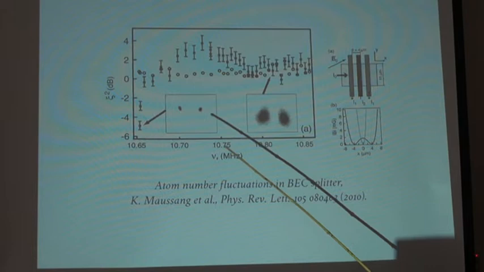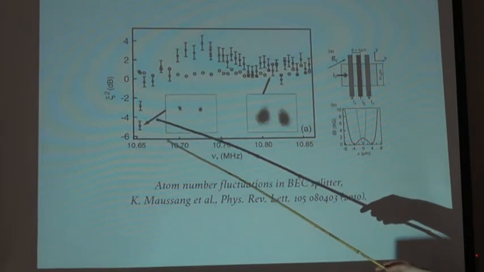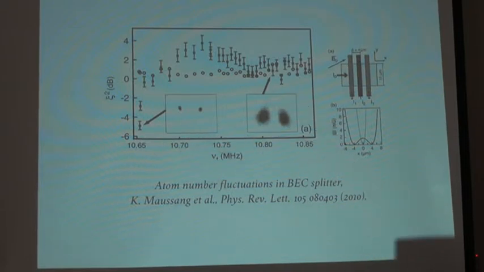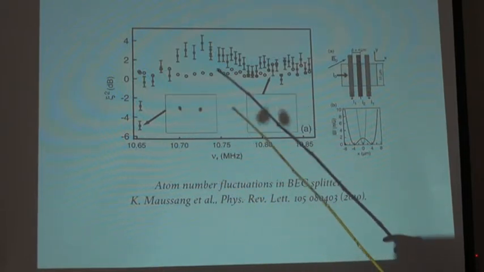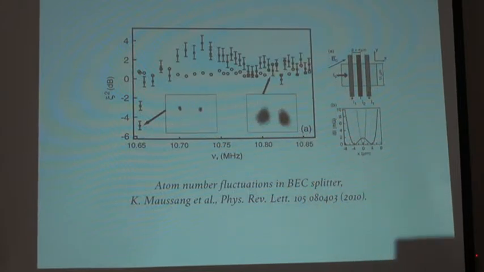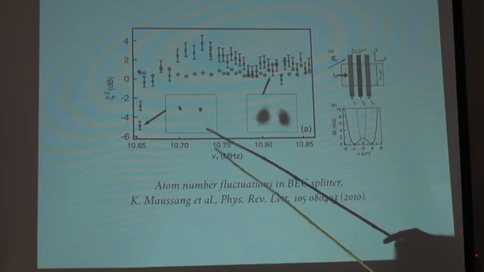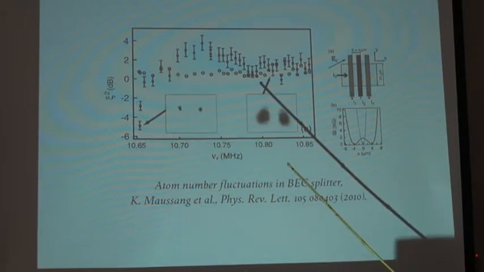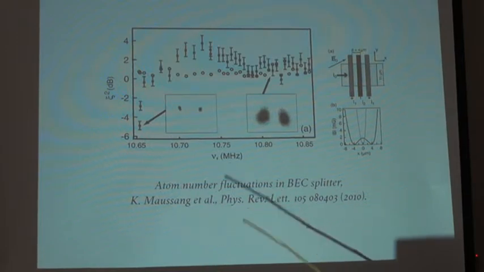So what they measured, here we have the plot of the variance of atom number difference versus the temperature. Here we have a logarithmic scale, and 0 means Poissonian fluctuations. For very low temperature, they observed that fluctuations are sub-Poissonian.